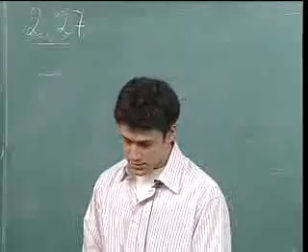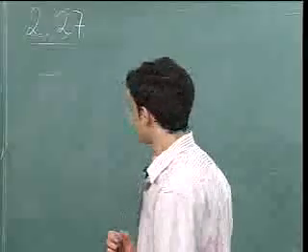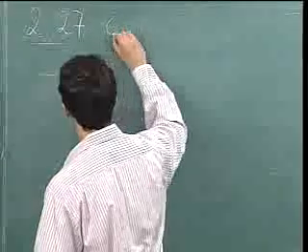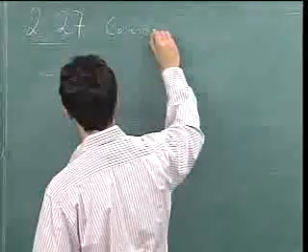So a fair coin is independently flipped n times.